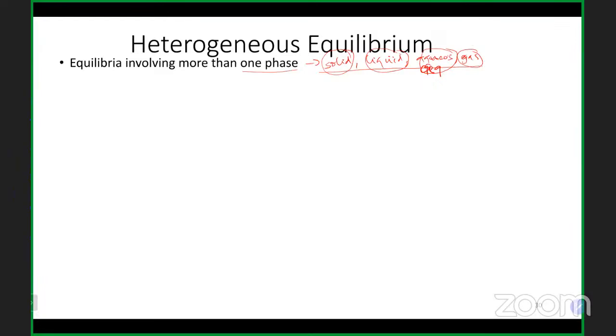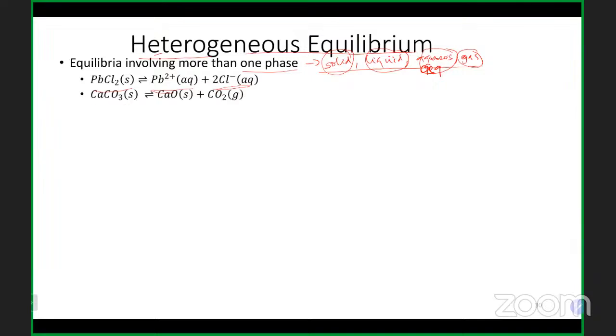But once it involves more than any of these, we call it heterogeneous equilibrium. An example is the dissociation of lead chloride, which is an insoluble salt, in water. Some of it dissolves into ions as Pb2 plus and Cl minus, and you still have the solid PbCl2.